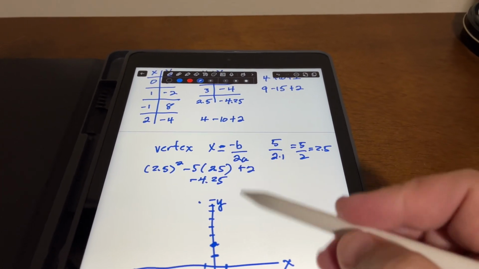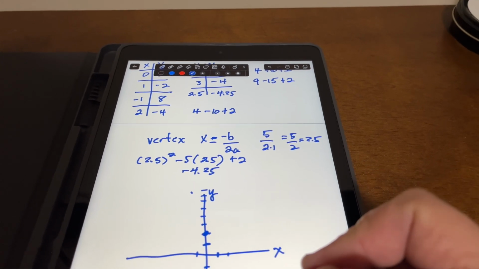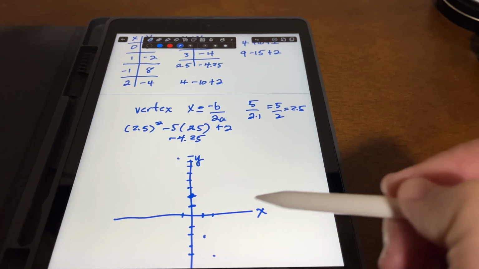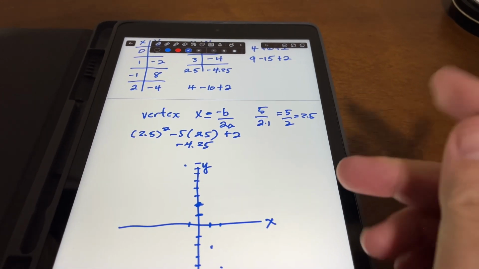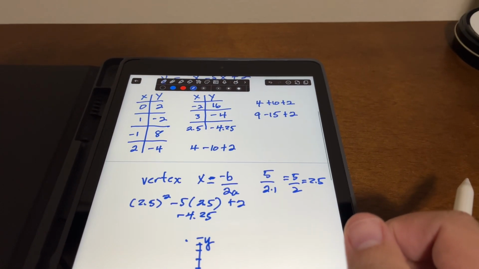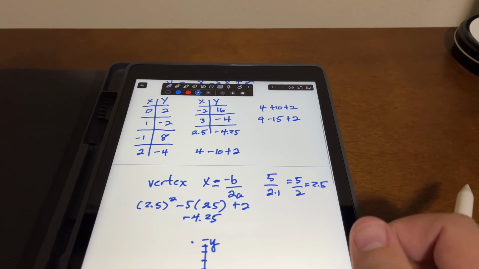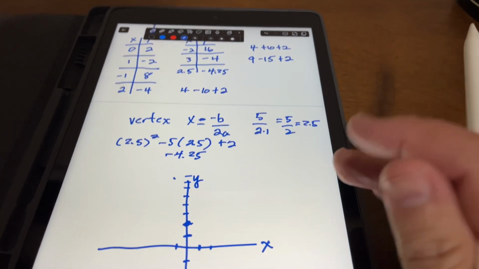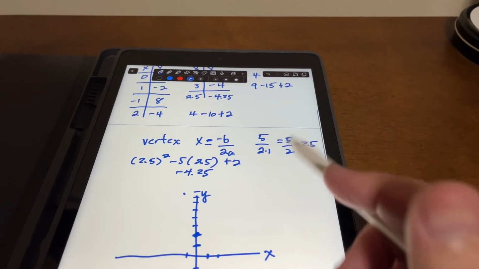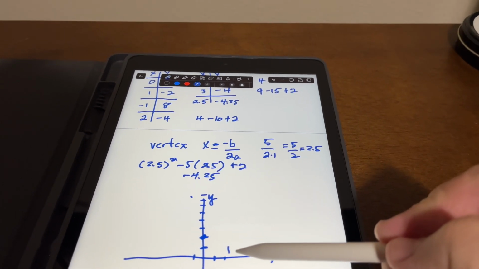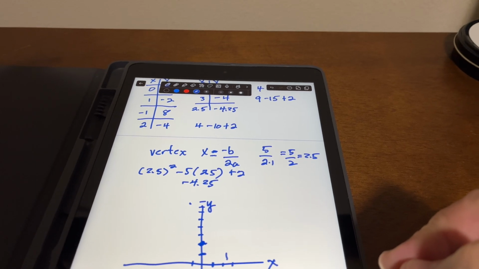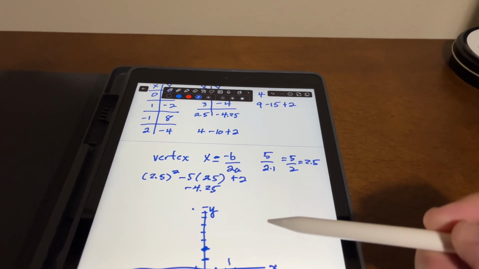And then I have 2, negative 4. So 2, negative 4 looks like that. And then I have negative 2 and 16, which I'm not going to graph. It's going to be up here somewhere. And then I have 3, negative 4. So, oops. So 3 and negative 4 is going to be about right there.